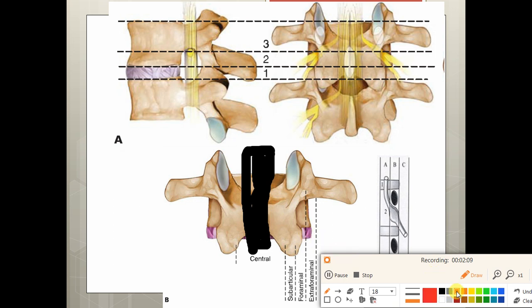Two types of nerve root come off here: this is the exiting nerve root, which exits at the same level, and this traversing nerve root traverses the level to exit at the level below.